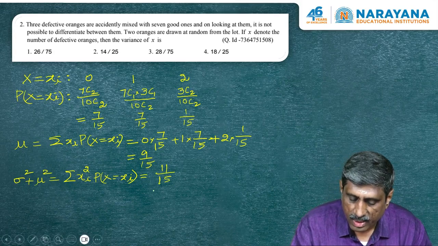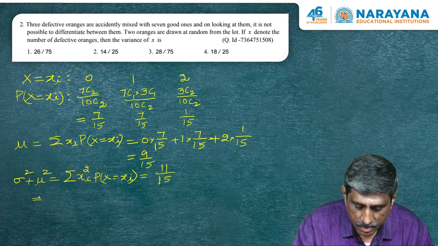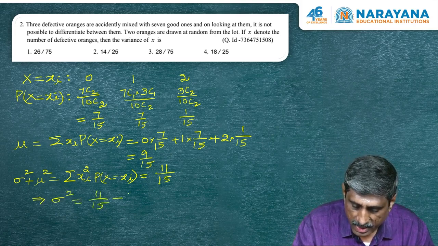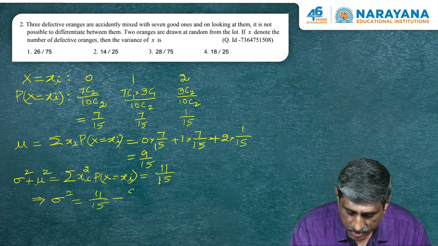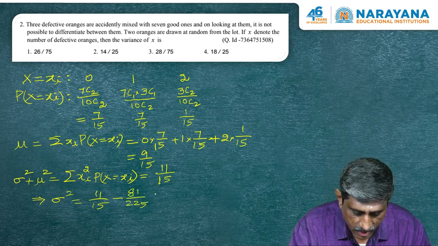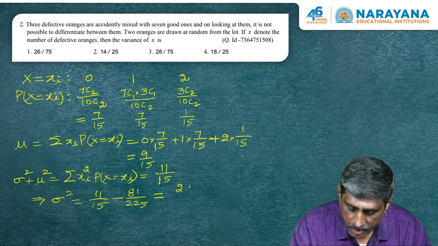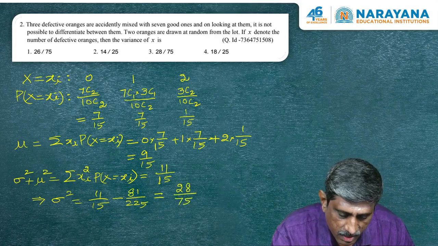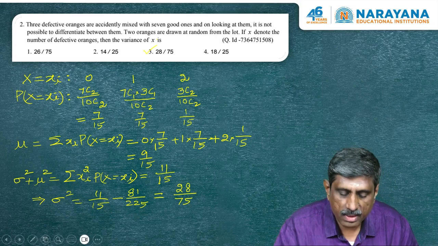We are asked to find only the variance. So, from this, we understand that sigma square is equal to 11 by 15 minus mu square, which is 81 divided by 225, and when we simplify, we are getting 28 divided by 75 as the answer for this. 28 divided by 75 is option 3.